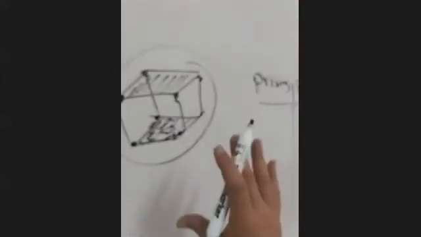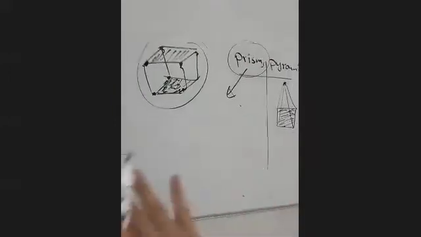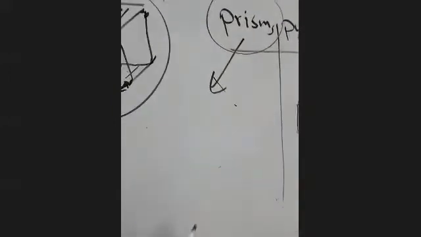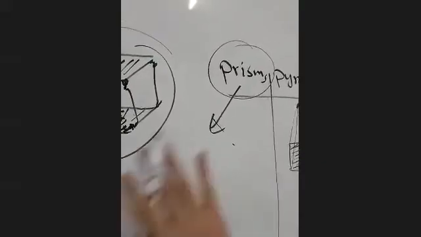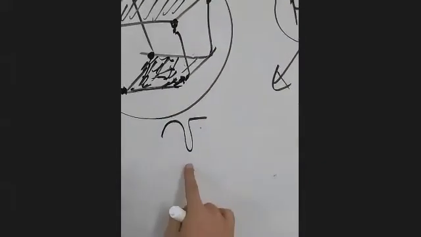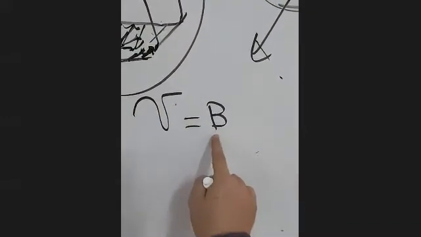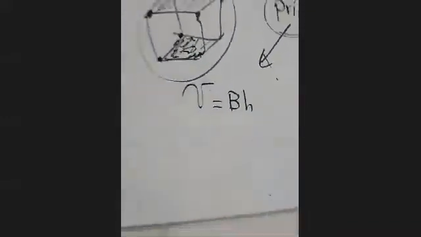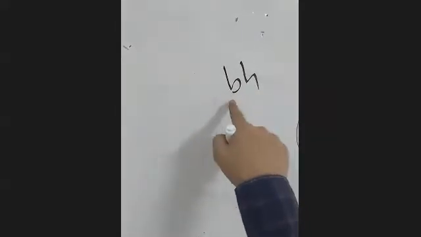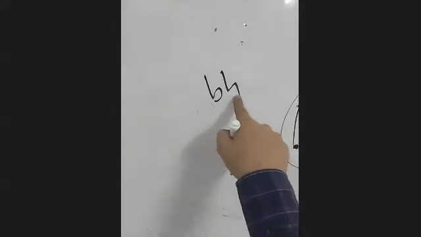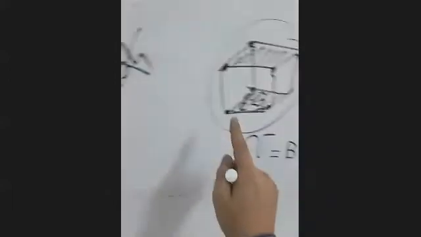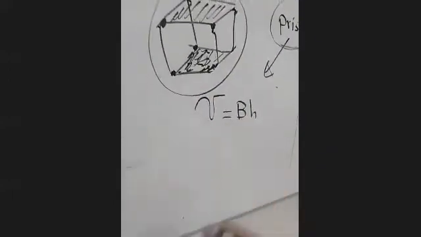Before finding the volume, I want to tell you how to find the volume in general for any prism. Focus here, please, guys. To find the volume for any prism, V, volume, equals big B times H. Not small b h, which we know as base by height for area. No, big B H. What is the big B here?